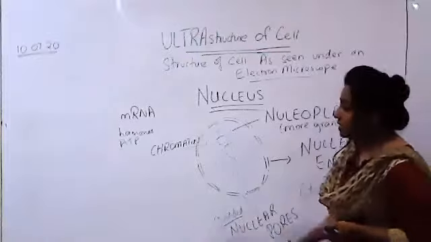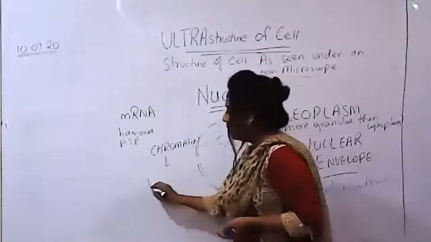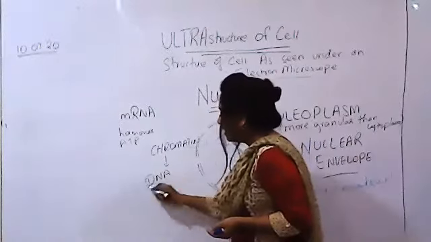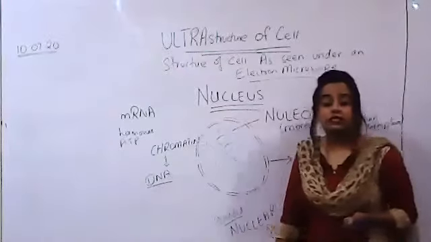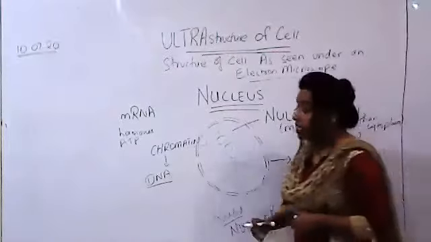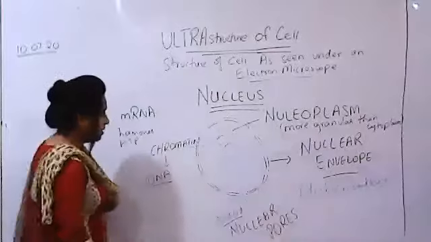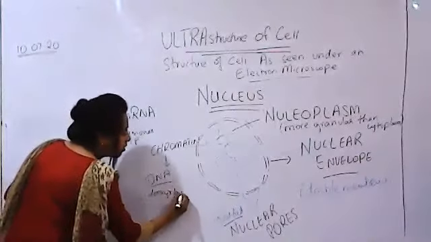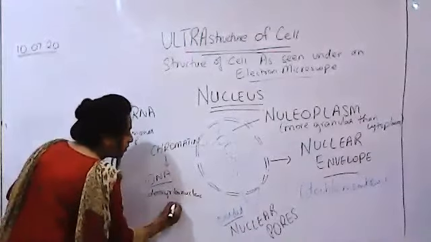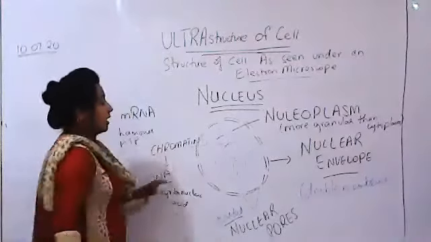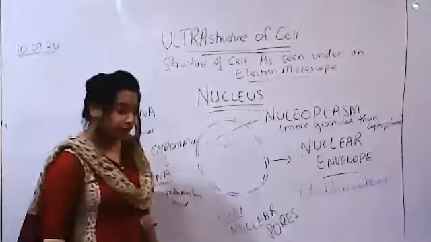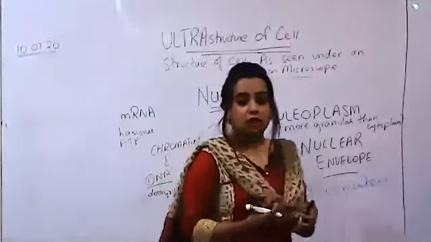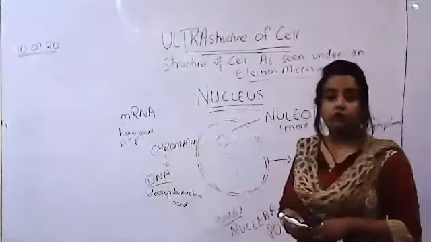This chromatin thread is made up of DNA, deoxyribonucleic acid, right? Deoxyribonucleic acid makes up the chromatin thread, which when it condenses, converts into chromosomes, right?